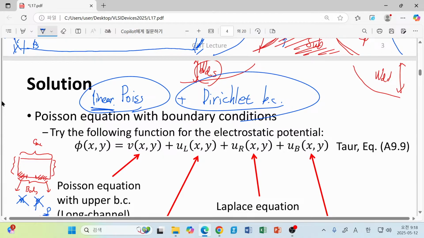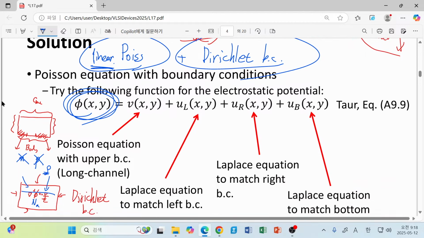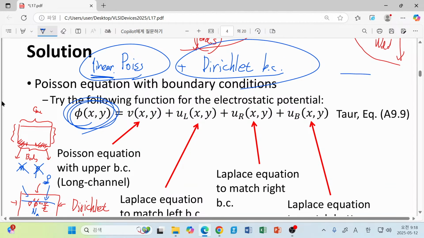Since this is linear, we can decompose the total solution into several pieces following different boundary conditions. For example, although it is not directly equal to our case, please think about this one.